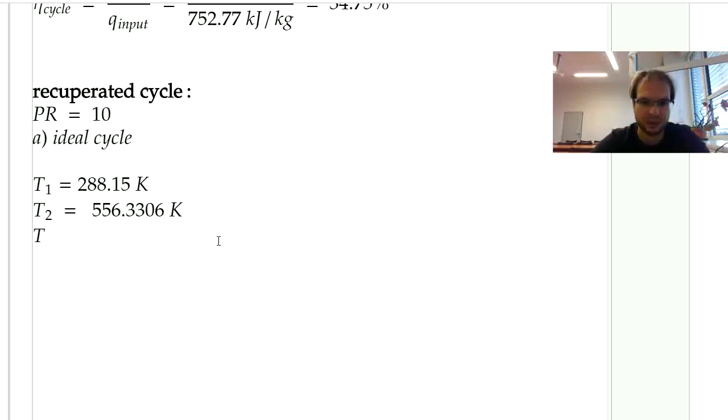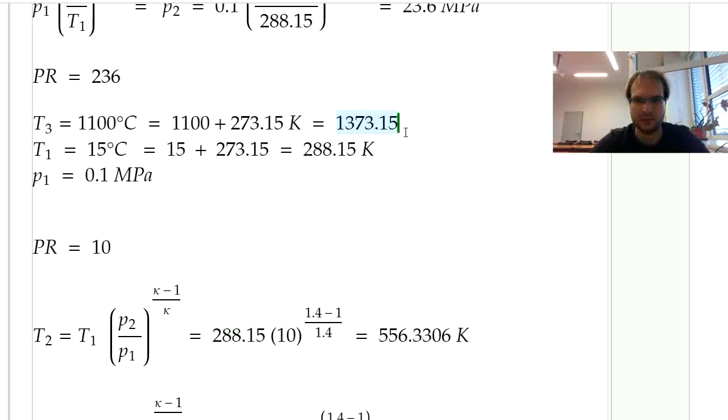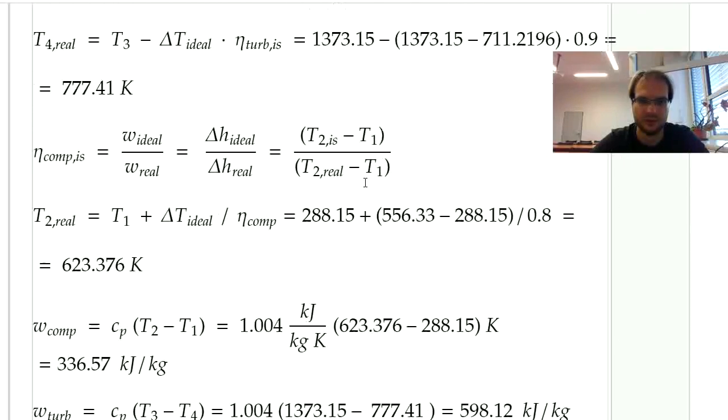Now for the temperature 2 recuperated, we will need to first get the outlet of the turbine. The temperature T3 at the turbine inlet stayed also the same. It was 1100 degrees C, which is also 1373 kelvins.